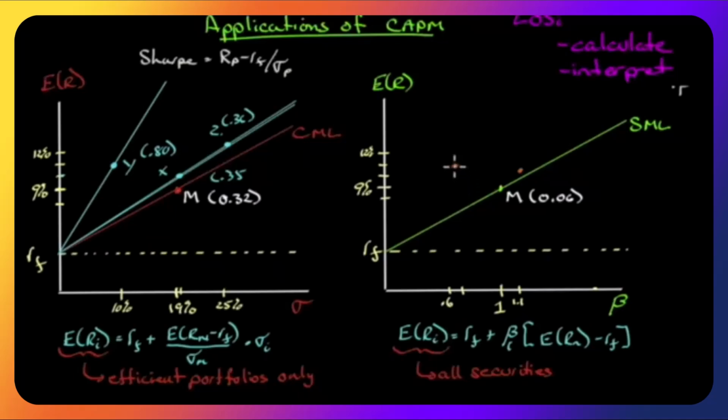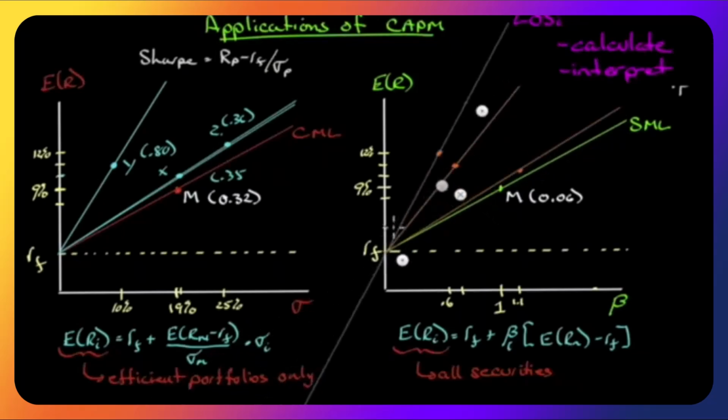So here's 12%, here's 0.6, would be about there. So let's anchor our point, and let's draw our lines through each one. These are security market lines, not capital market lines, right? So this was Z, Y, X.